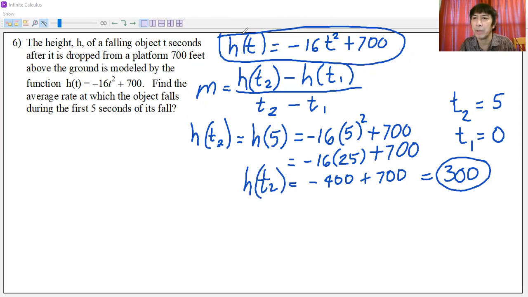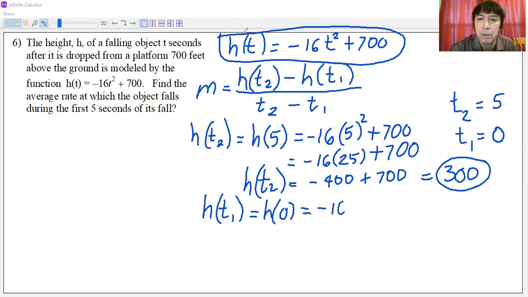How about H of T1? Well, T1 is just 0. So all letter T that we see becomes 0. So we have here H of T1, which is equal to H of 0, that is negative 16 times 0 squared plus 700.